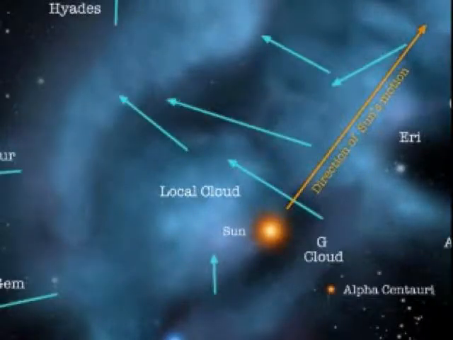We now know that the hydrogen does indeed pass through the solar system, pass through the heliosphere. So where are we now, and where will we be in the next 30 years? Well, NASA admits that we are inside what they call the local cloud. The yellow line shows our direction of movement.